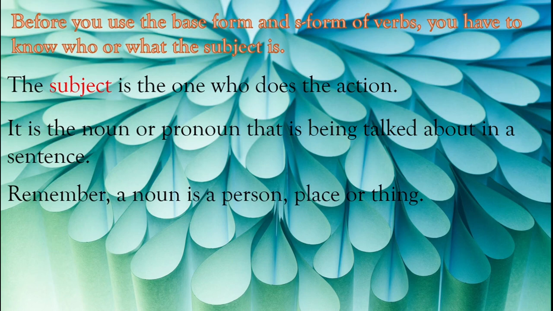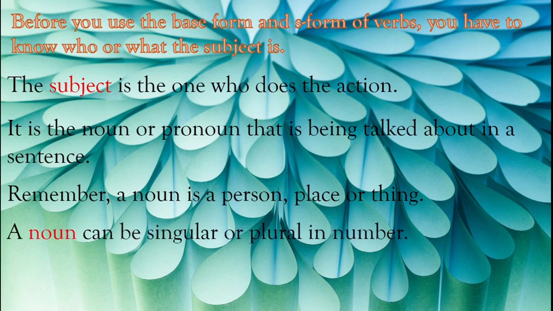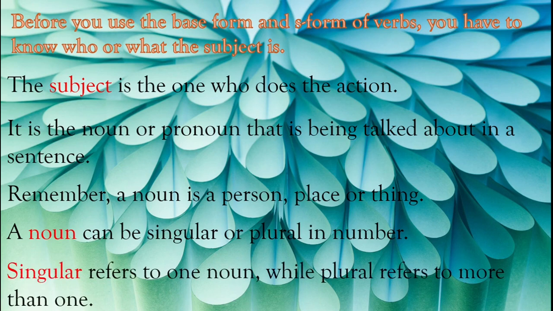Remember, a noun is a person, place, or thing. A noun can be singular or plural in number. Singular refers to one noun, while plural refers to more than one.